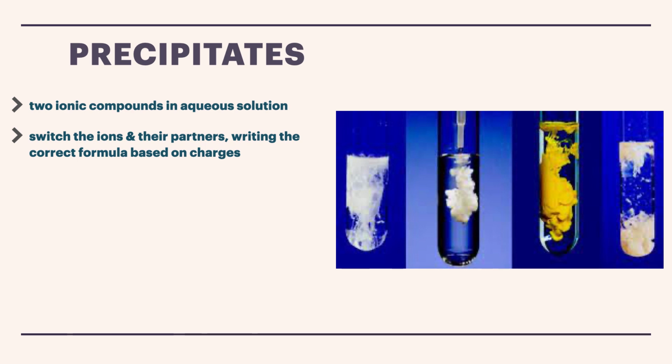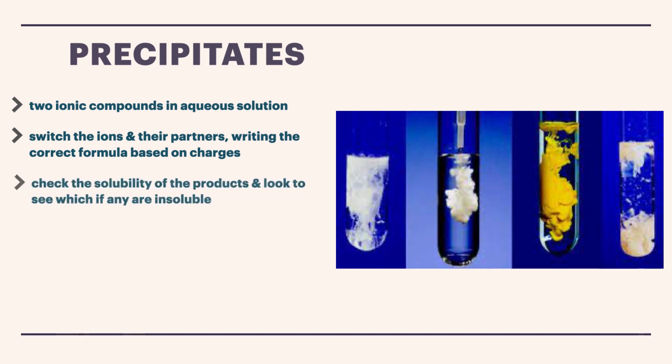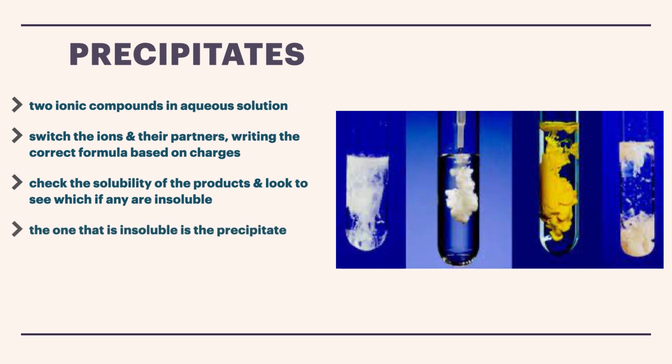Then we would write the formulas of the new compounds, utilizing skills that we already know, relying on their oxidation states to come up with the correct formulas. To identify what is actually the solid or the precipitate, we would refer to our solubility chart, as we did back in the first semester. Whatever is found to be insoluble must be the cloudy material.